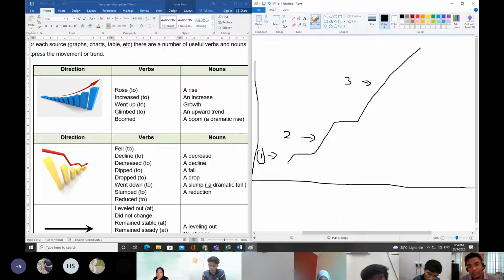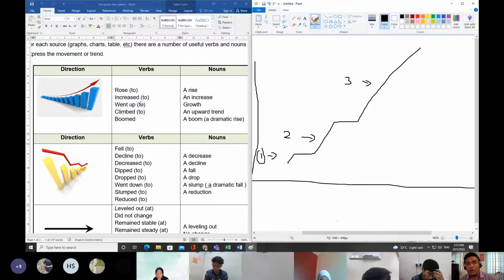So the word rose is similar to the word increase. It can be used for all three situations, whether it's a small rise, somewhat of an okay rise, or somewhat of a large rise. So you can use it on all three situations.